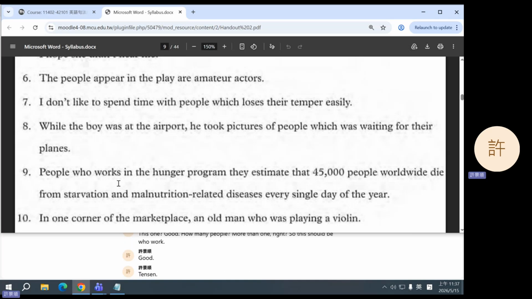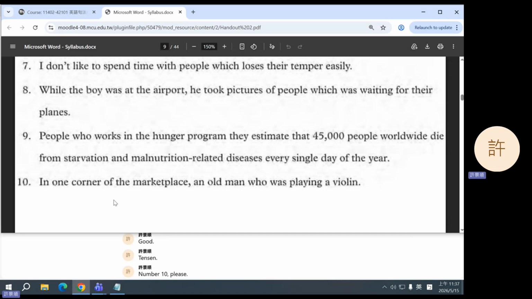Number 10, please. Do you see a mistake? The comma? Okay, yeah, that's one way to fix it. "There was an old man who was playing a violin." Good.